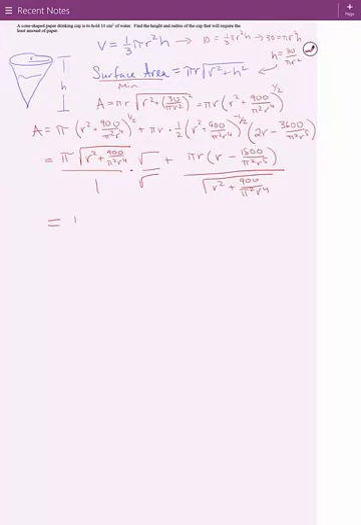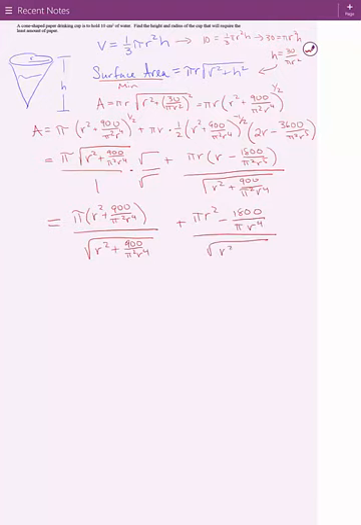Multiply the square root times the square root, and the square root goes away, and you're left with r squared plus 900 over pi squared r to the fourth, divided by that square root, and then plus, I'll go ahead and distribute the pi r in here, so pi r squared minus 1800 over pi r to the fourth, divided by that square root.